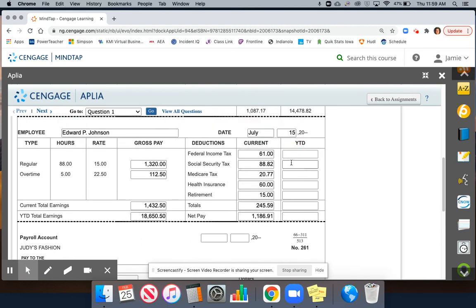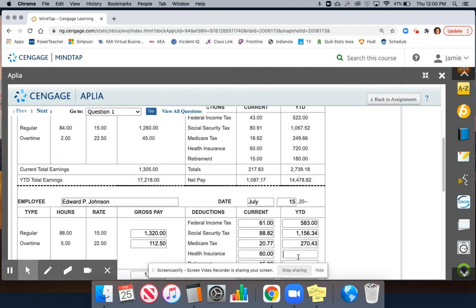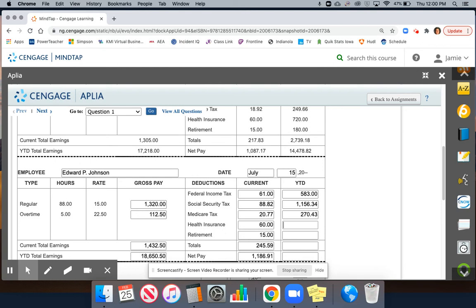And now we need to calculate our year-to-date totals. So for federal income tax, year-to-date, $522. Current, $61. So we add those together. So up to this point, we have deducted $583 for federal income tax. Social Security, $88.82 plus our year-to-date amount from our previous check. And so on for the rest of our deductions, adding current plus the year-to-date amount from the previous check stub.